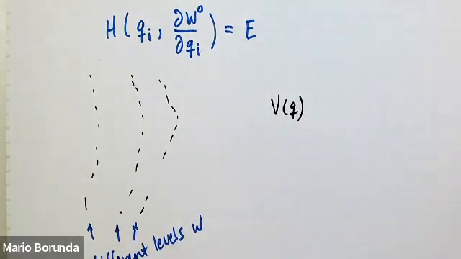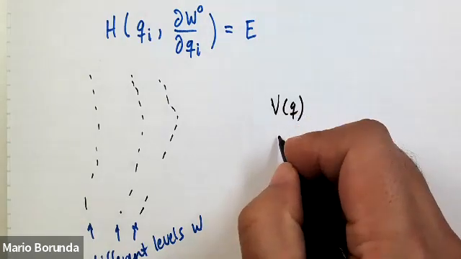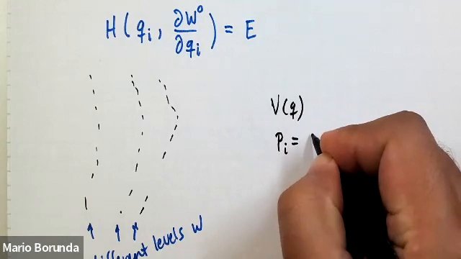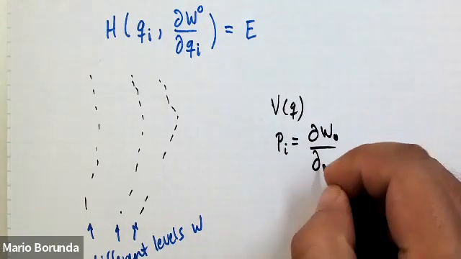This potential is determined already, and you know what this potential is, and that potential, whatever coordinate you have there, is the one that determines your W. So we also have the momentum, and this one is determined by this guy, 0 right here.